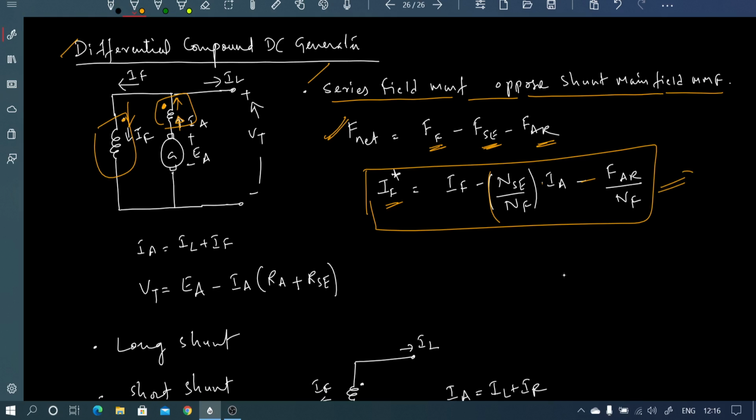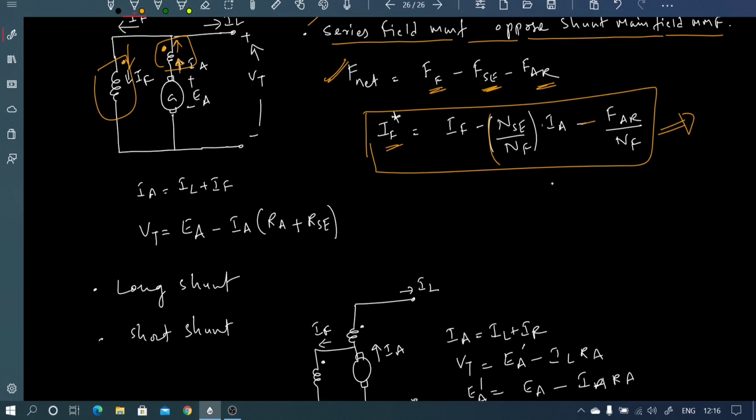This is the equivalent net excitation current. The equations governing this circuit: IA is again equal to IL plus IF. This armature current is equal to the load current plus the field current. But ET is EA minus IA into RA plus RSC, similar to that of the cumulative compound generator.